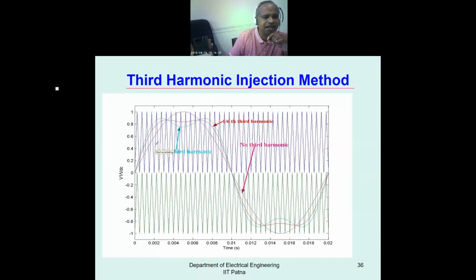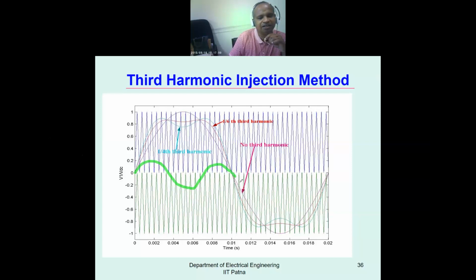And this is the third harmonic injection. Injection means I inject. This is your sine wave, and this is a third harmonic component.